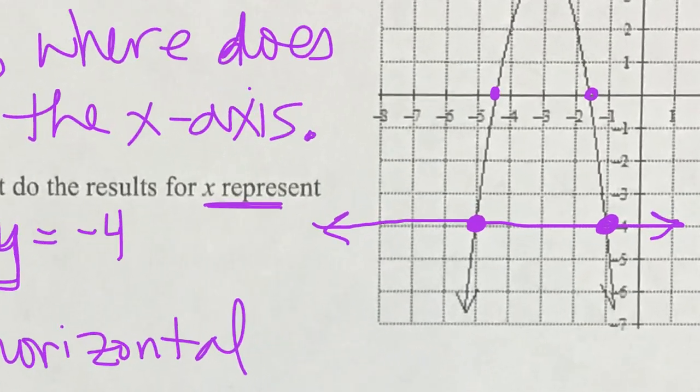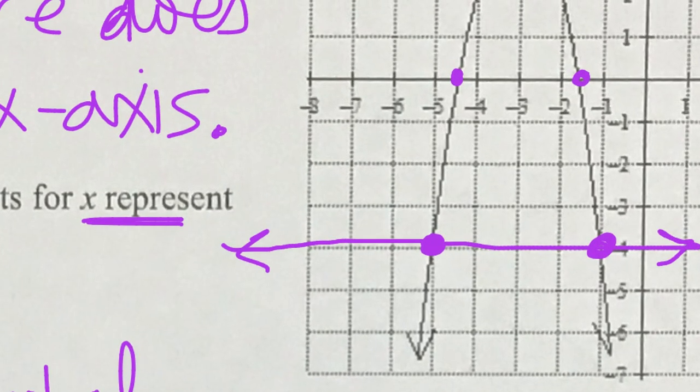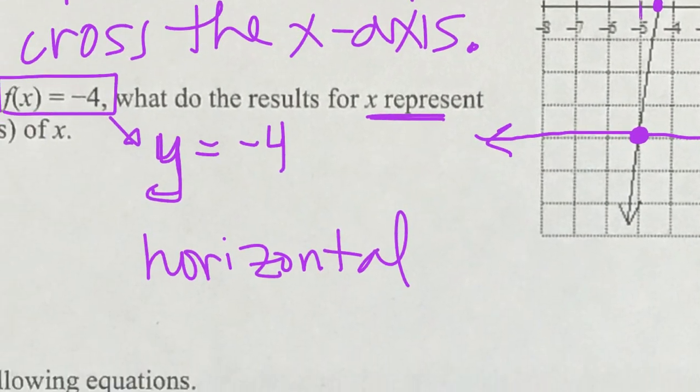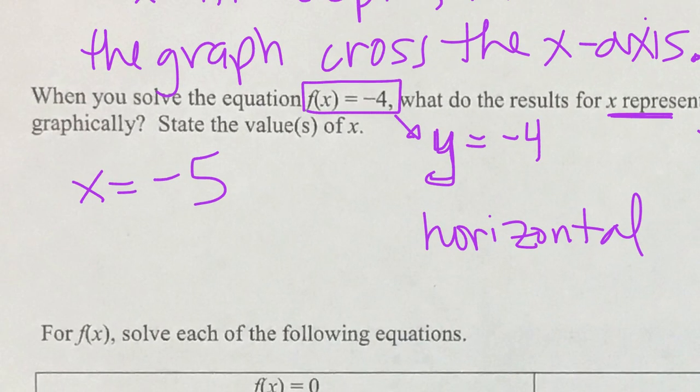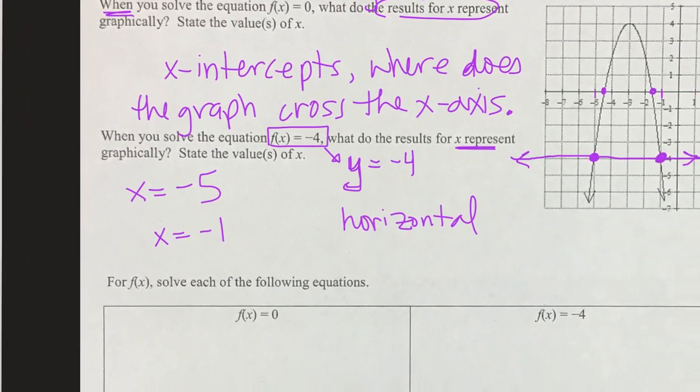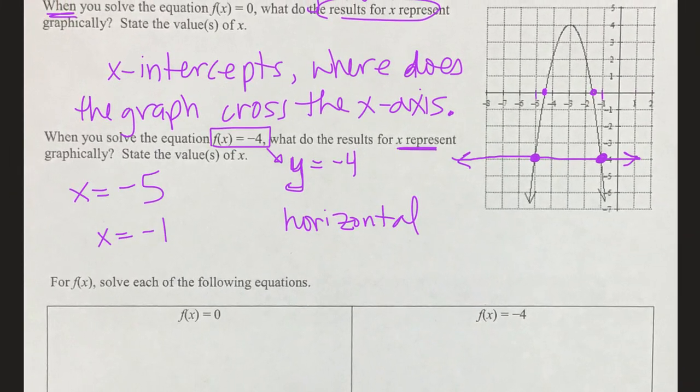That's the first point here where your graph crosses. Right, that's the x value, and the other x value is -1. So x equals -5 and x equals -1. Those are the two places on your graph where the parabola crosses your horizontal line y equals -4.